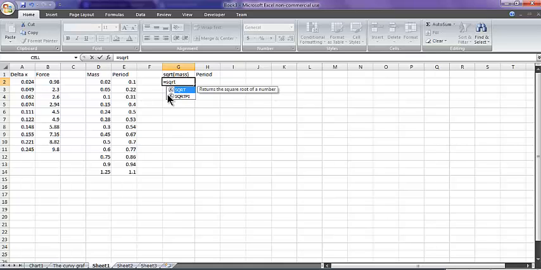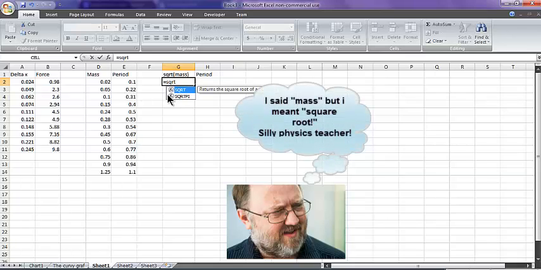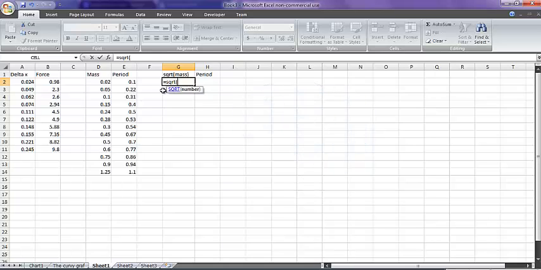I happen to know this SQRT is how it abbreviates square root. Type that in and an open parenthesis. And now I just have to tell it what number I want it to take the square root of. I don't have to type 0.02 in there. I can just click in it and it says OK. Now I'm going to put a closing parenthesis in. I'm going to hit enter. That takes me out of the mode where it says I'm building a formula.